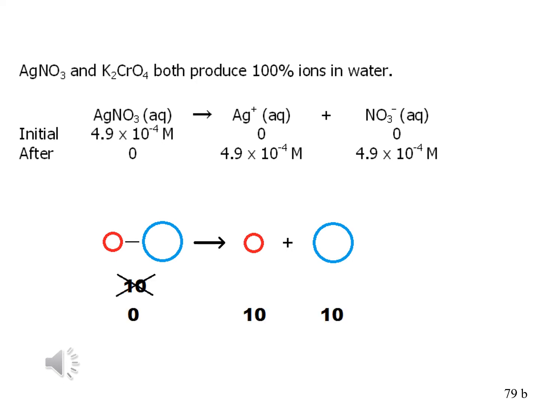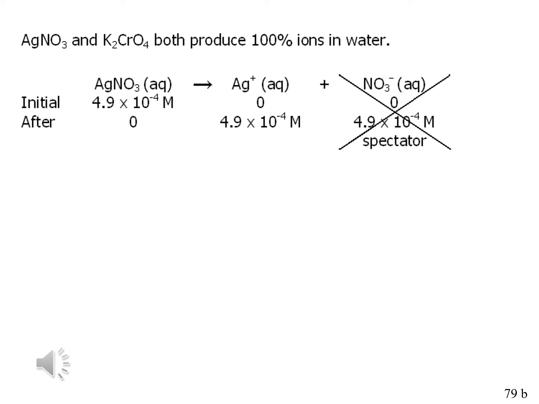Since it's 1 to 1, you're going to get 10 of each. This is how it always works when you divide one thing into two parts. And we don't really care about the nitrate because it's a spectator. So the truth is we can use the number from the problem to plug in for silver.